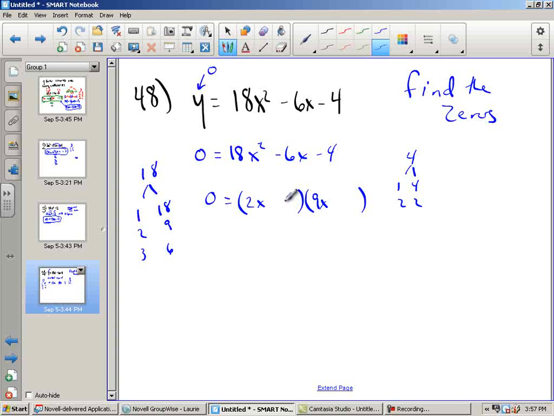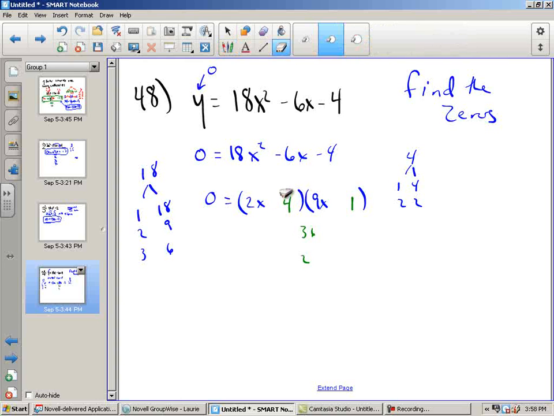Okay. If I put the 1 here and the 4 here, okay, I'll get 9x and 8x. That does not work, so I'll erase it. I can switch them places. Put the 4 here and the 1 here, but this gives me 36 and 2.